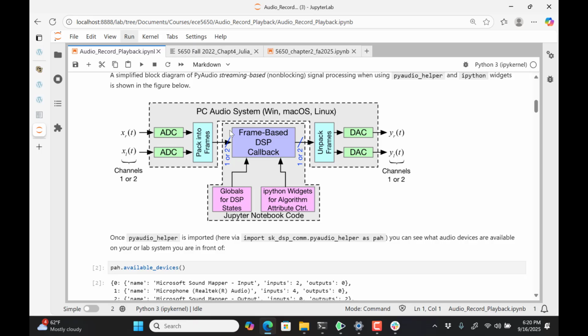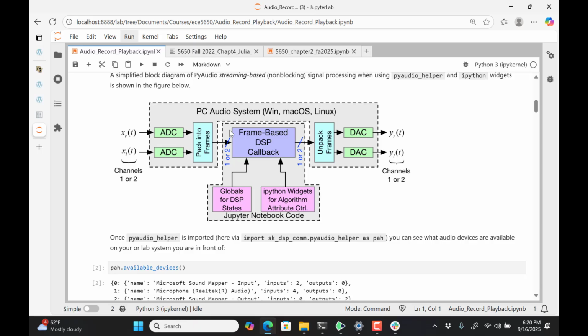So in the middle of this is what I've created with the Pi Audio helper. I've created a frames-based DSP engine that uses Pi Audio, and Pi Audio uses frames, and another name for a frame is, I'm trying to remember, the names get confused, frames or buffers, I don't know, I like frames better.